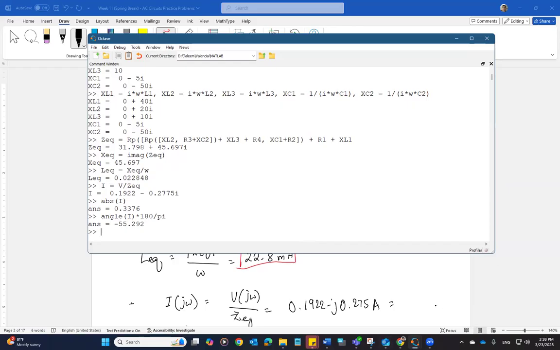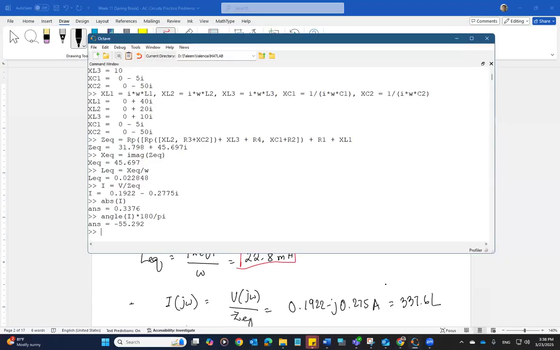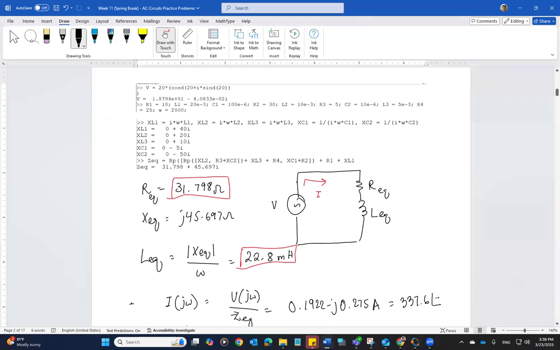So that's going to be 337.6 milliampere, phase negative 55.3 degrees. I'm just going to round it off to one decimal. And that's in milliampere.